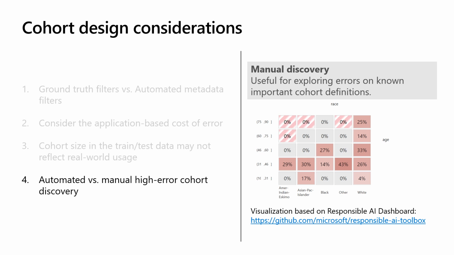For example, this other visualization from the Responsible AI dashboard shows how errors are distributed across the intersection of race and age for a model that was trained on the UCI income dataset. And this type of visualization can show you the hot spots where the errors are most concentrated across these two dimensions of interest.